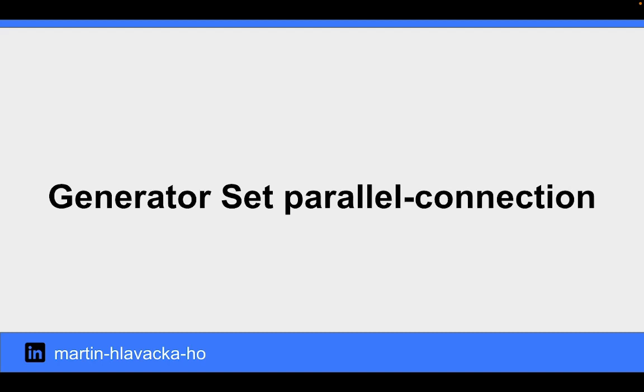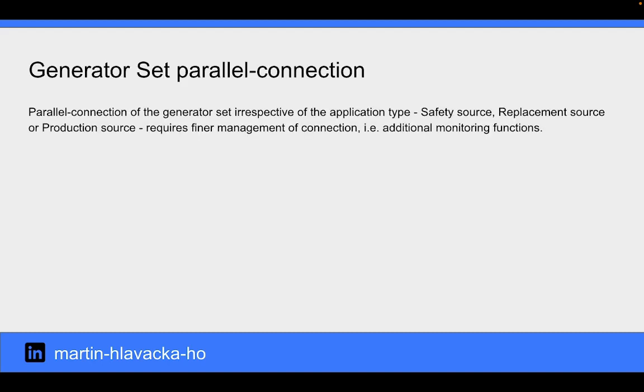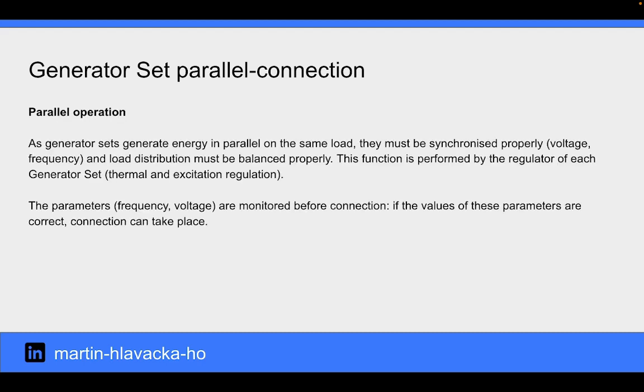Generator set parallel connection. Parallel connection of the generator set, irrespective of the application type, requires finer management of connection. Parallel operation.